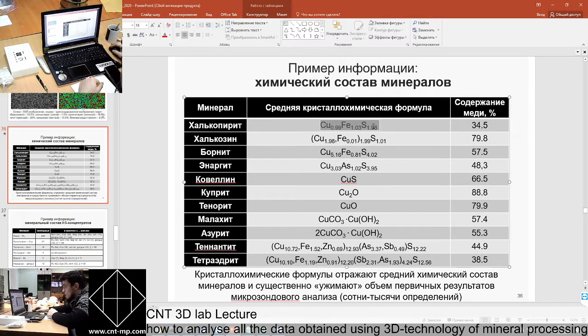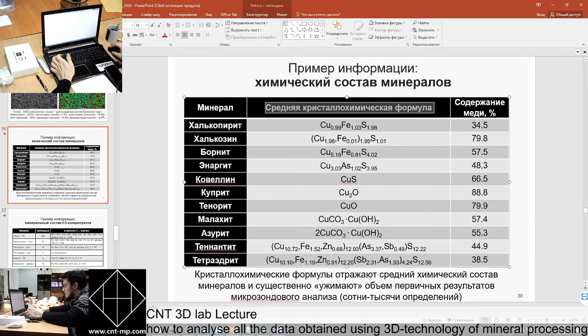And we build a special crystal chemistry formula.